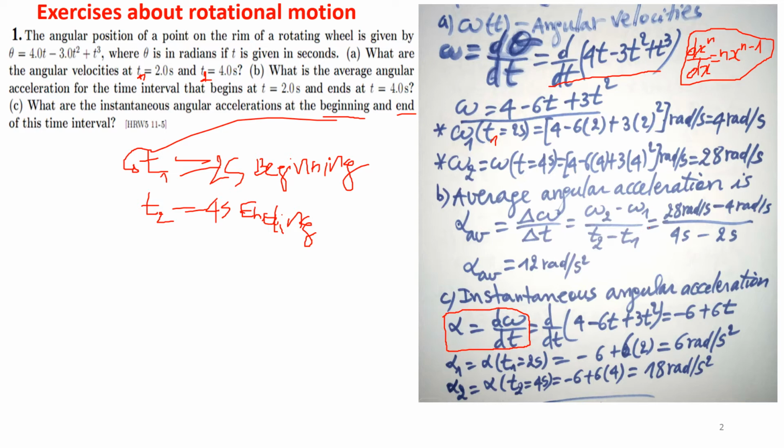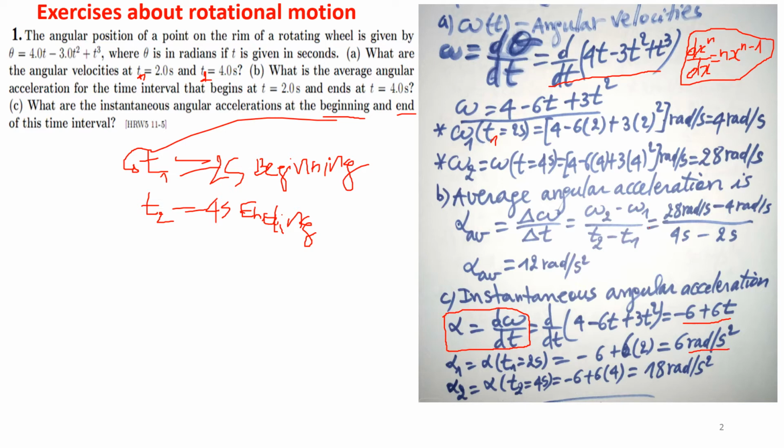We need to replace the time t by 2 into the expression for instantaneous angular acceleration. This is equal to minus 6 plus 6 times 2, which is minus 6 plus 12 equals 6 radian per second squared. Radian per second squared is the unit of angular acceleration.